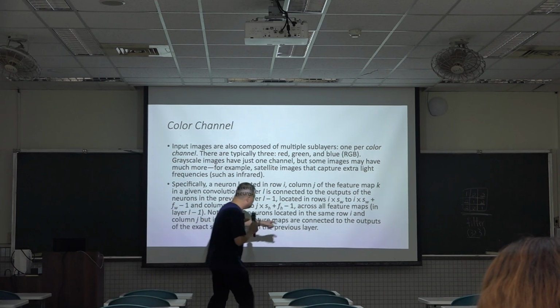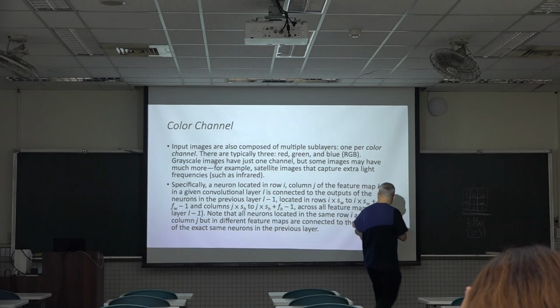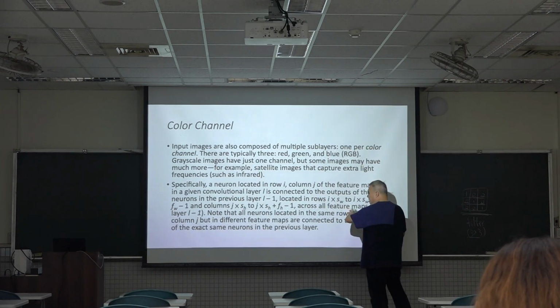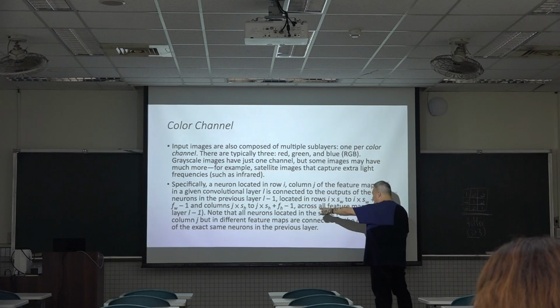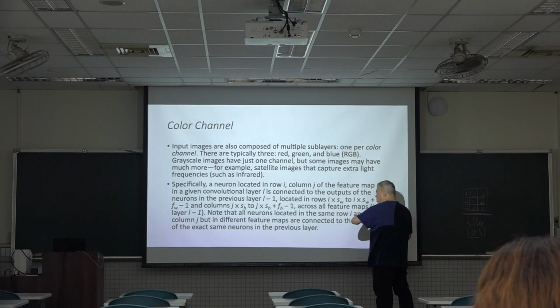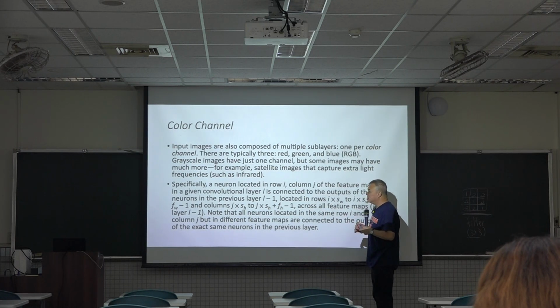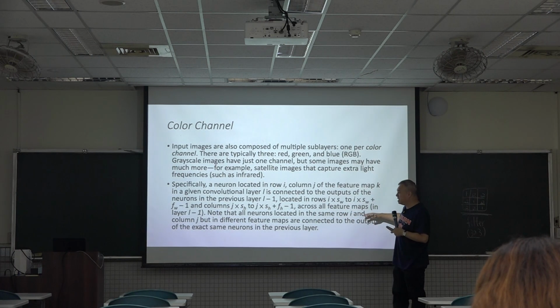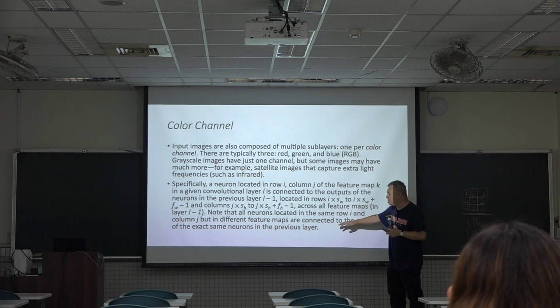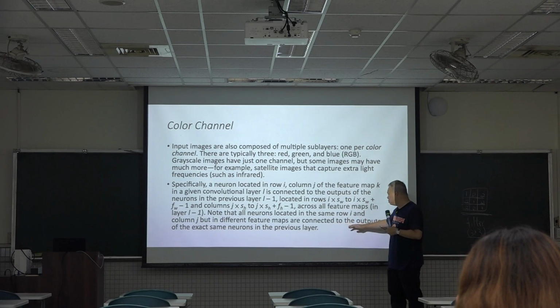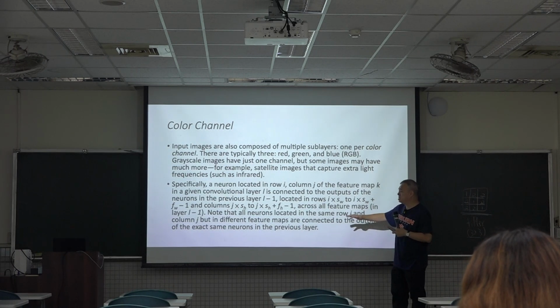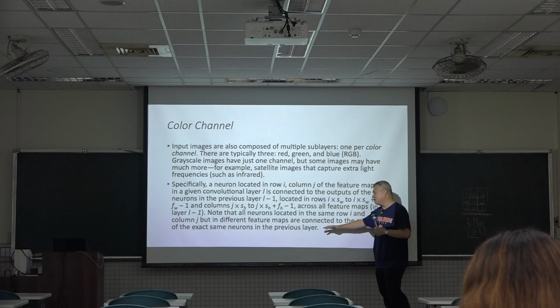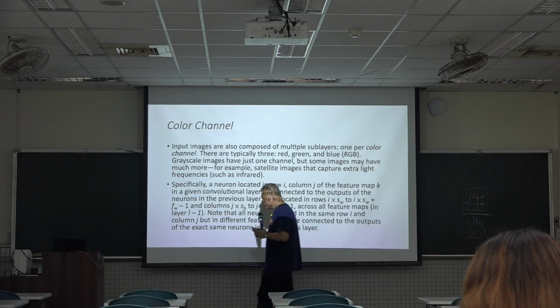Be very careful: across all feature maps in layer l-1. Note that all neurons located in the same row i and column j but in different feature maps are connected to the outputs of the exact same neurons in the previous layer. So this is very important.